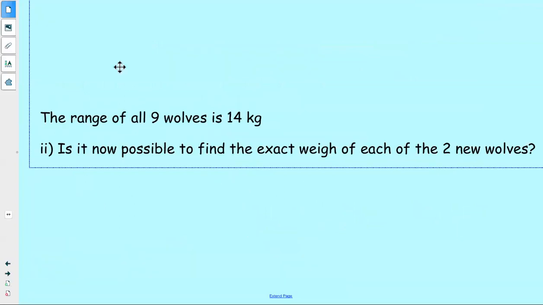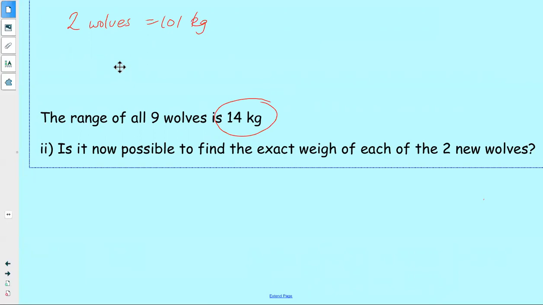So I'll just write up here: two wolves together, so there was 101. It says here now the range of all 9 wolves is now 14. Is it now possible to find the exact weight of each of the 2 new wolves?